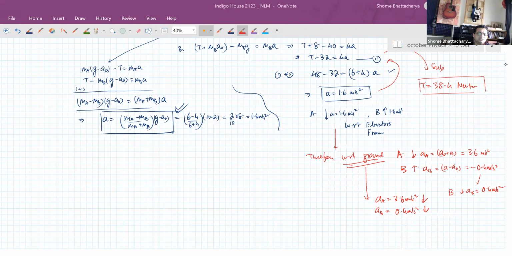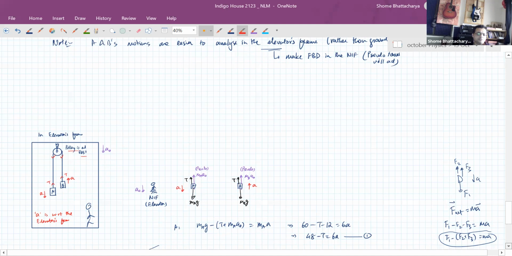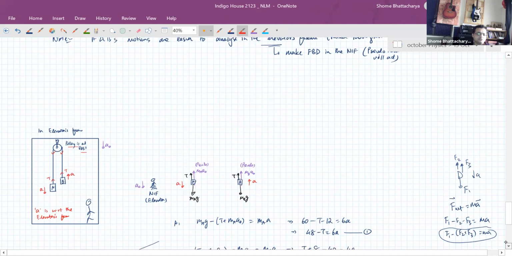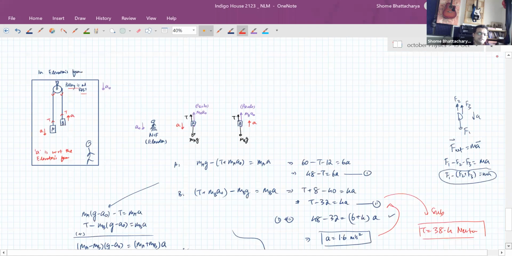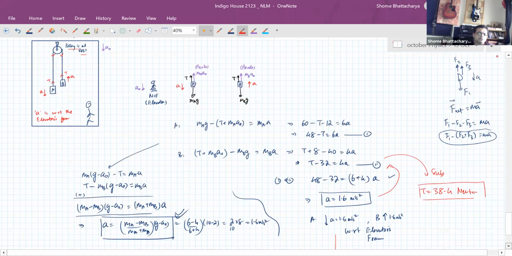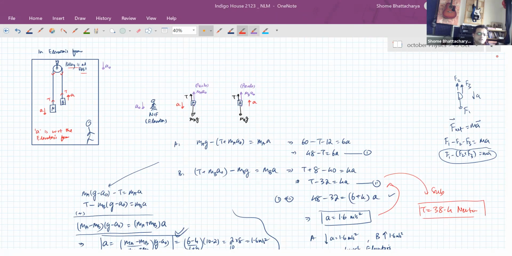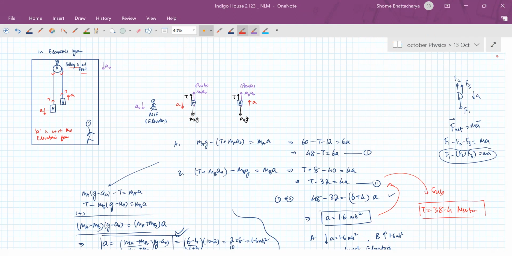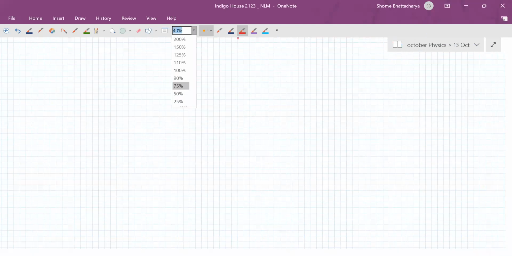But what is easier, which I have shown you above, is the free body diagrams in the non-inertial frame. Next I'll also show you how to solve this problem from the inertial frame point of view, but you will see that it's more complicated in comparison. It's better to use these equations which I've got. Okay, so let's move on to the ground frame.